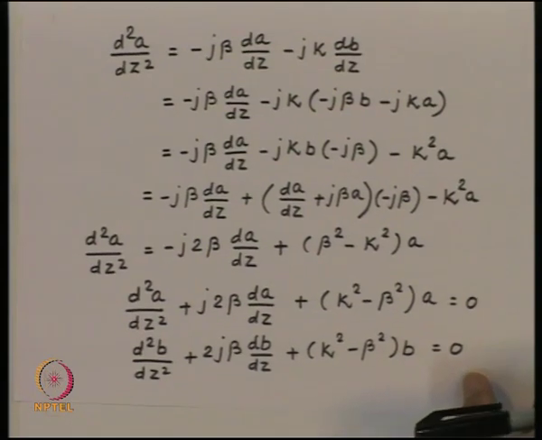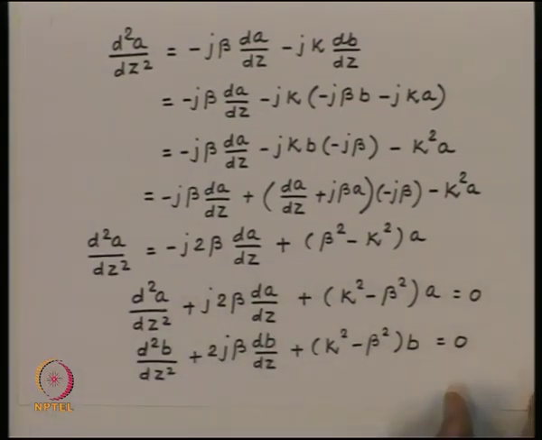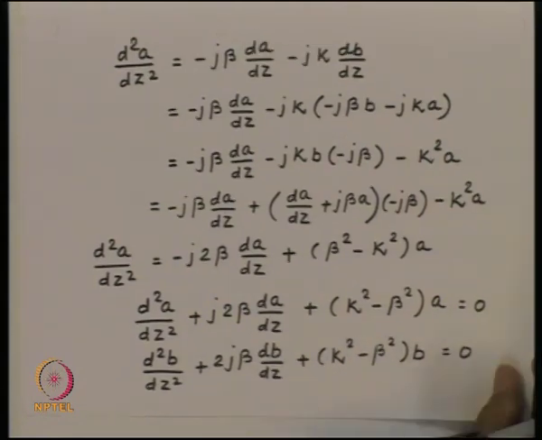We can write down the solution for this. This is a very simple differential equation. This quantity is constant, this quantity is constant. So, this is a second order differential equation with constant coefficients.